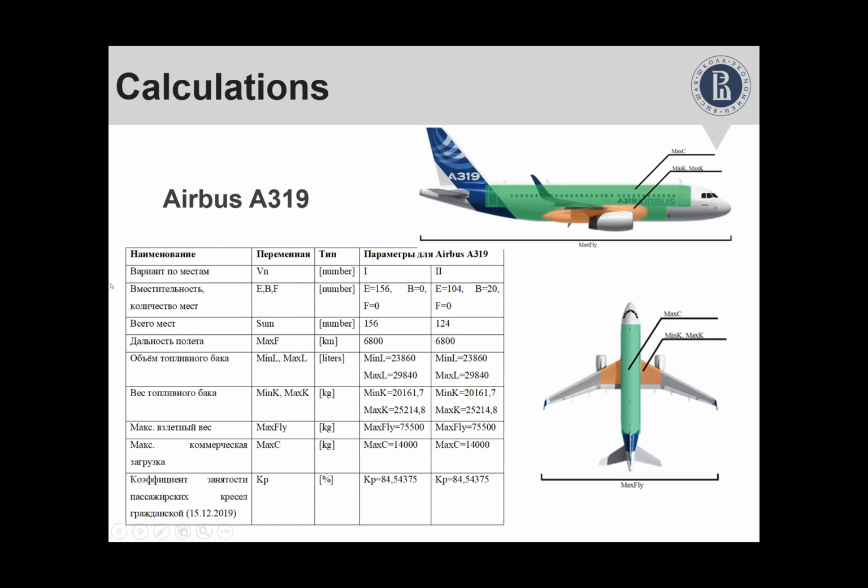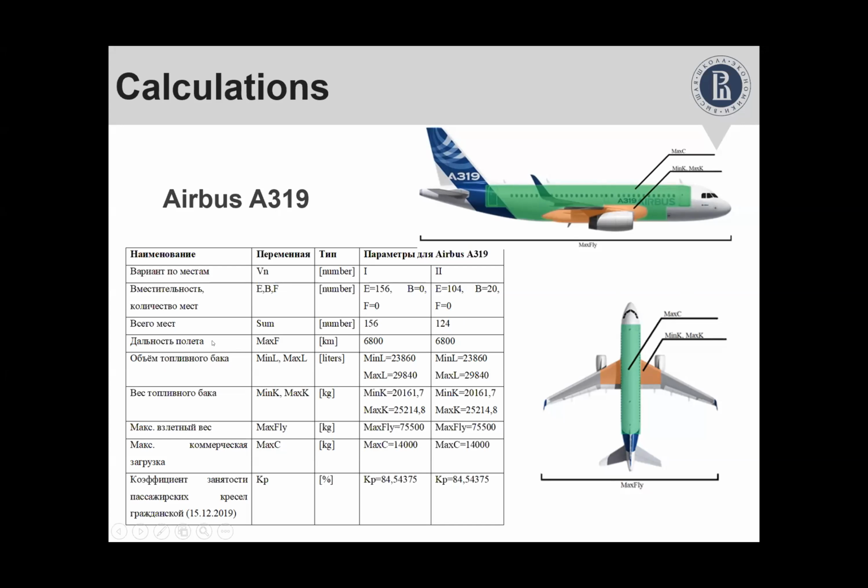For example, the number of seats: how many seats we have in economy class, business class, and first class. As you can see here, we have two variations of the Airbus A319. In the first variation the total number of seats is 154. In the other, 124.